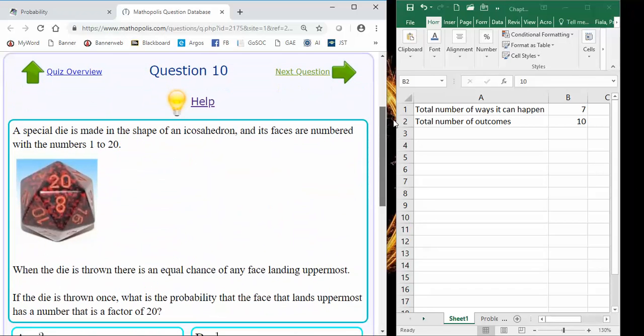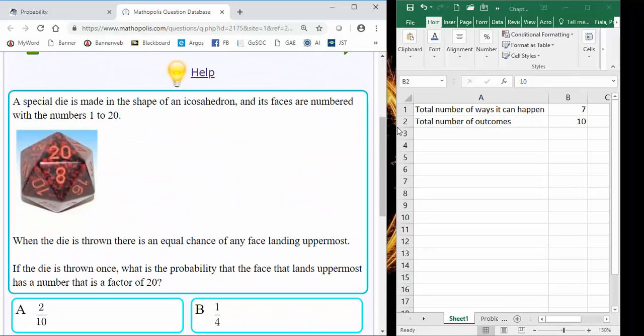Question number 10 is going to be the last one. Okay, a special die is made in the shape of an icosahedron, and its faces are numbered 1 through 20. When the die is thrown, there is an equal chance of any face landing uppermost. If the die is thrown once, what's the probability that the face that lands uppermost has a number that is a factor of 20? Okay.